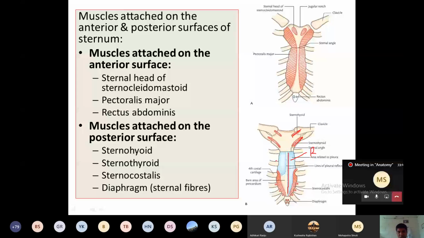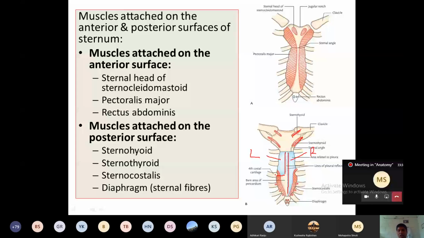On the left side, till the fourth costal cartilage, the body of the sternum is related to the pleura. From the fourth costal cartilage, the pleura is deviated more towards the left side because of pushing by the heart. The heart lies on the left side of our body. The details about the heart we'll discuss later in the cardiovascular system. Today I am very briefly telling you about the position of the heart.